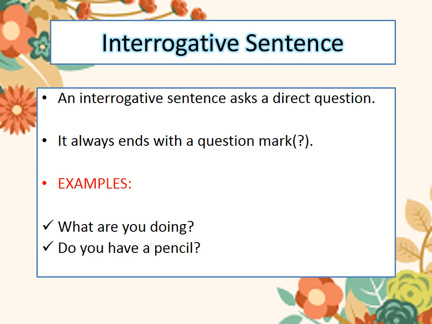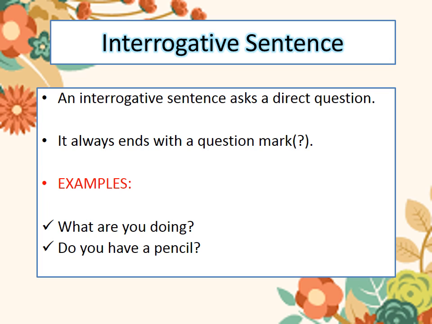Now let's move to an interrogative sentence. An interrogative sentence asks a direct question, and as it asks a question, it always ends with a question mark. Interrogative sentences are made in two ways.